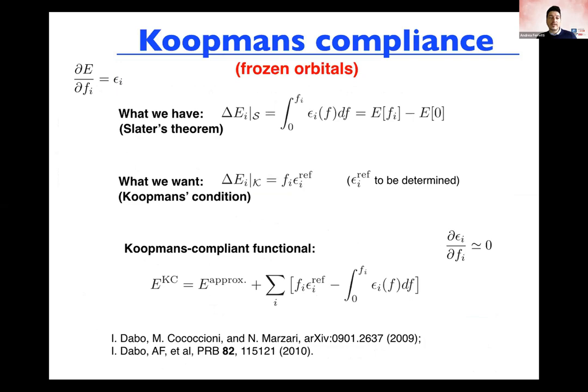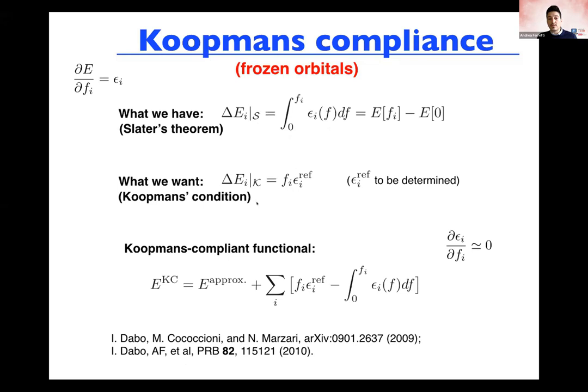So in a nutshell, what we do is really that we take our approximate DFT functional and we can write the total energy differences from n-1 to n particles in this form, as an integral over the occupation of an eigenvalue.